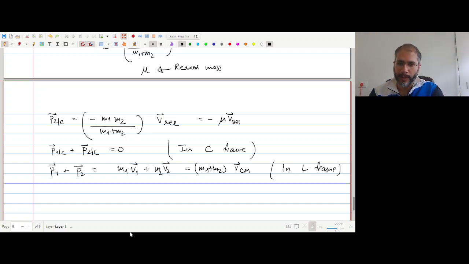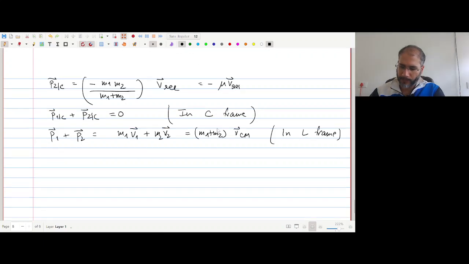Now in the C frame, although we would not go into a detailed discussion, typically what we see is that the particles are deflected. When I say particles are deflected, I'm talking about the velocities with respect to the center of mass C. So in the C frame, if you have, let's say, this is V1C, there's a deflection, so this vector will rotate somehow, so this will be V1 prime C, with a deflection angle alpha.